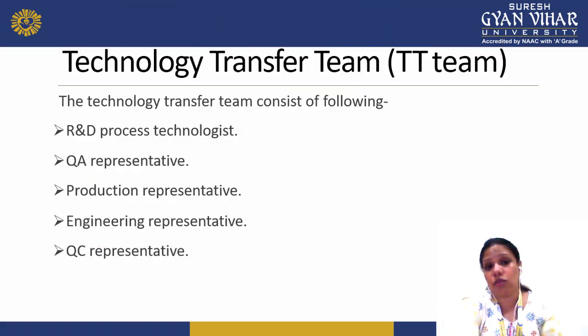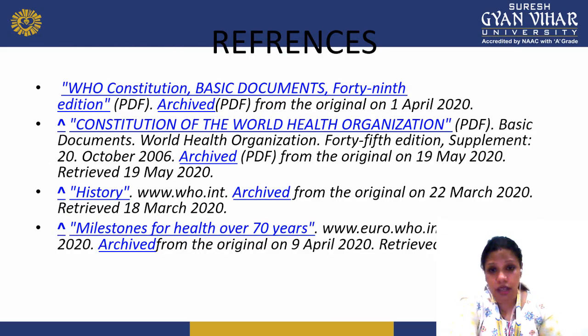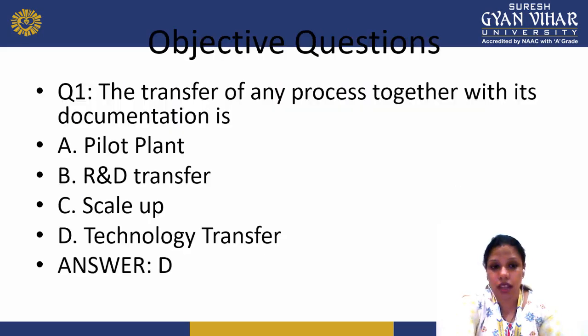Other than that, we have also discussed the technology transfer team and roles and responsibilities of that team. For the references you can go for any journal, any books related to this, and in journals there are multiple journals in which the recent advancements are given.